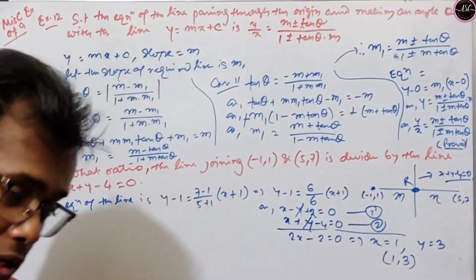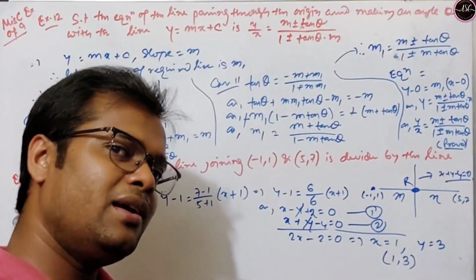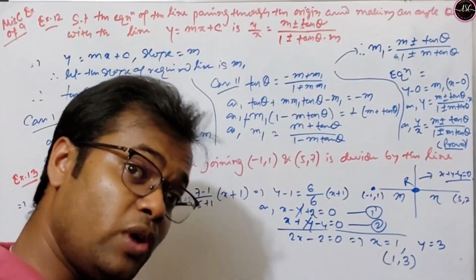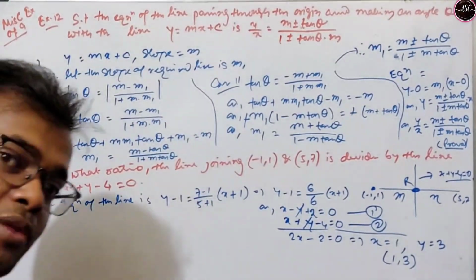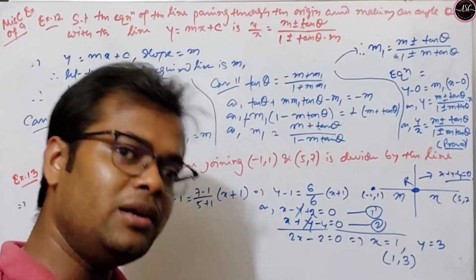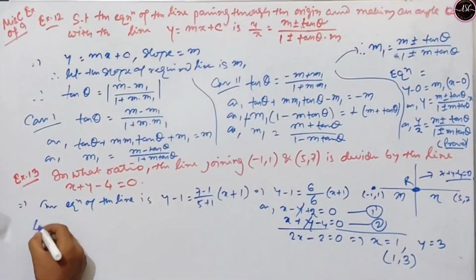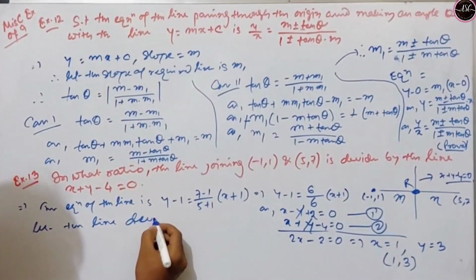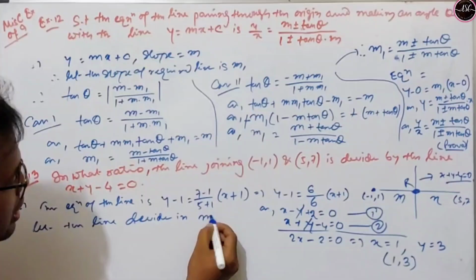We know the formula: if a point divides a line segment internally in the ratio m is to n, then the coordinates of that point will be (m x2 plus n x1) divided by (m plus n), and (m y2 plus n y1) divided by (m plus n). So let the line be divided in the ratio m is to n.